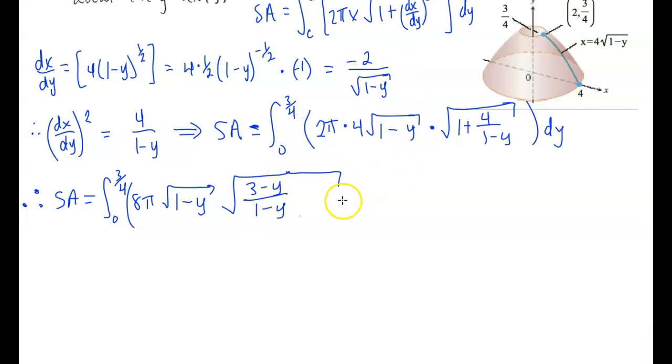So I'm going to get rid of the square root sign here, and we will rewrite this as the square root of 5 minus y all over the square root of 1 minus y. And I keep on putting 3, but it's supposed to be 5.